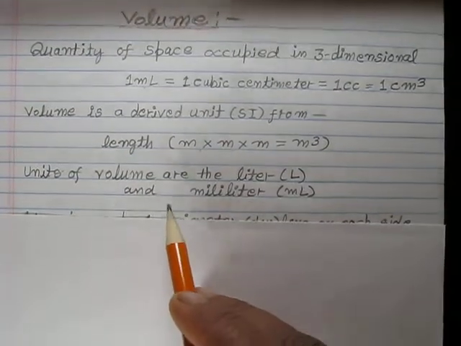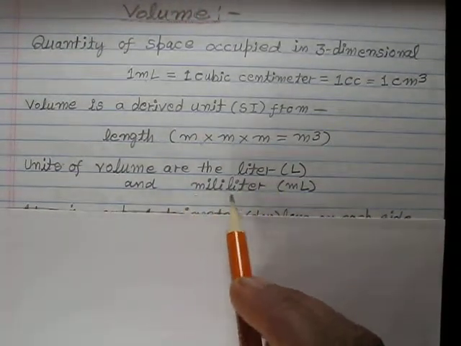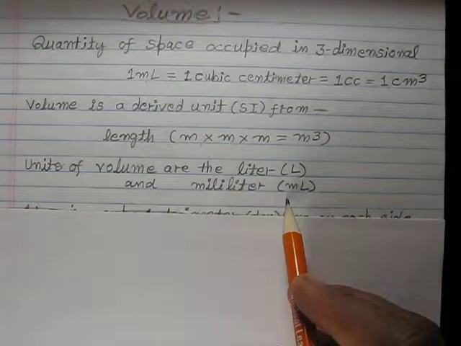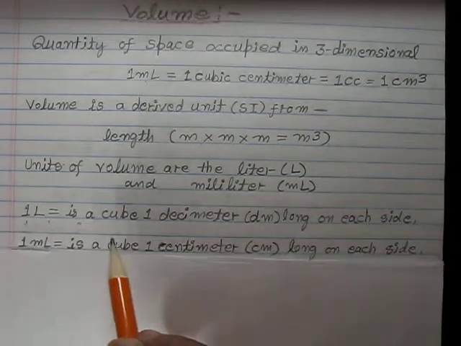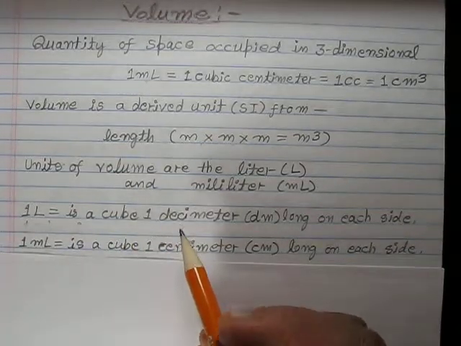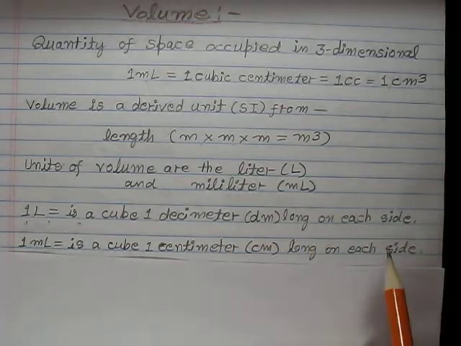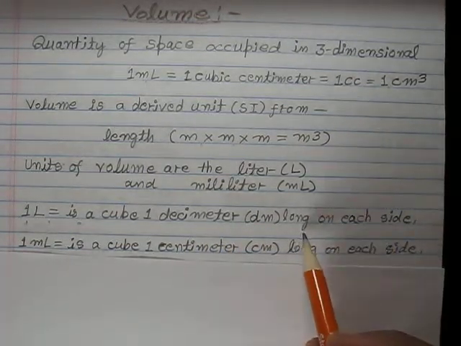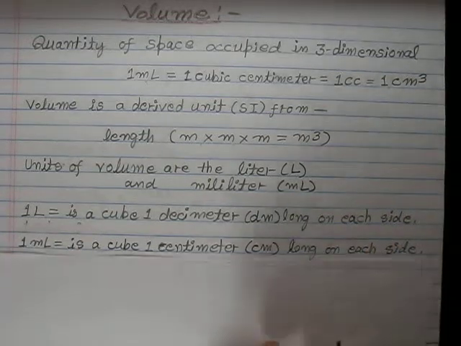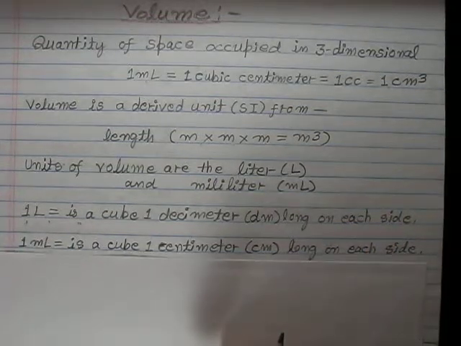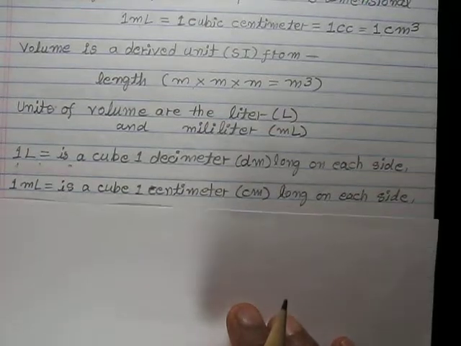The units of volume are the liter or the milliliter, and 1 liter is a cube of 1 decimeter on each side, and 1 ml is a cube of 1 centimeter on each side.